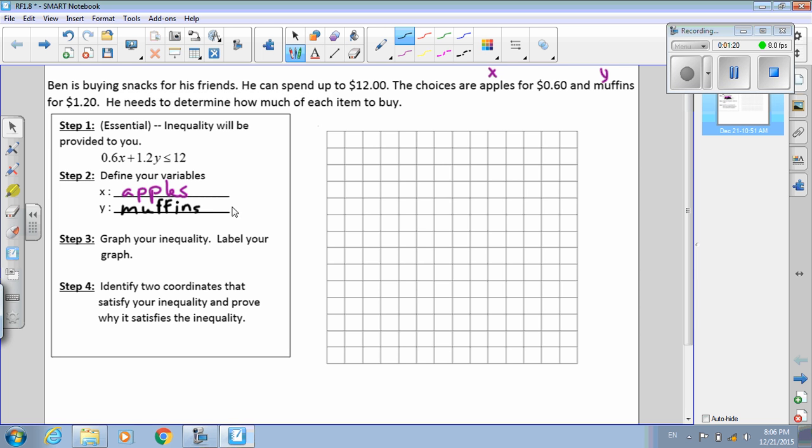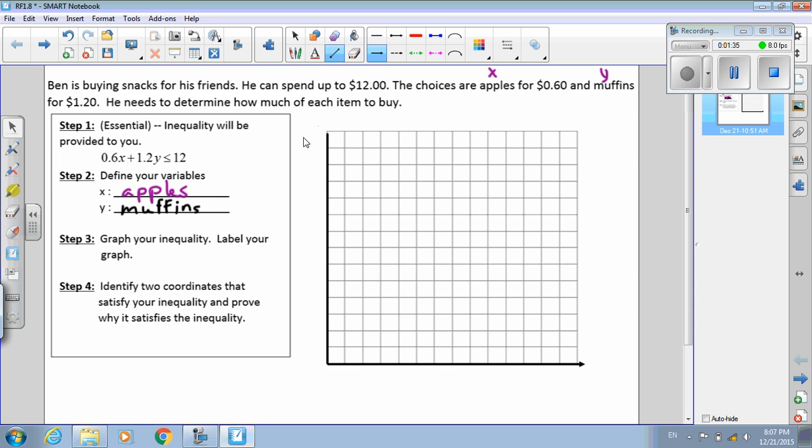All right, now here, this is the tricky part. Are we going to have negative apples or negative muffins? The answer is no, so we will only be looking at the first quadrant. We will only be looking at positive values, and that leads to extra restrictions that you have to write down, meaning that x is strictly greater than 0 and the same for y, because we're dealing with strictly positive values.